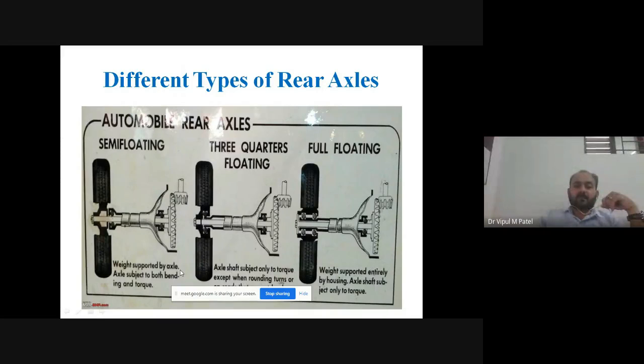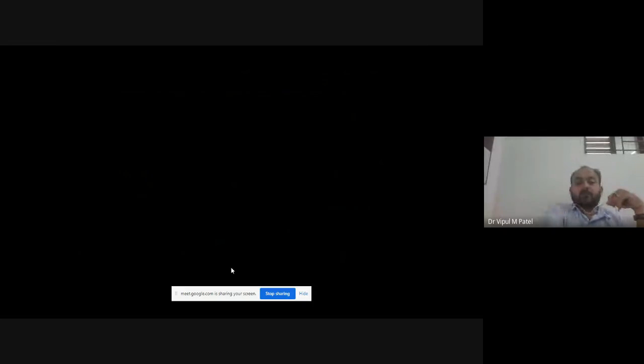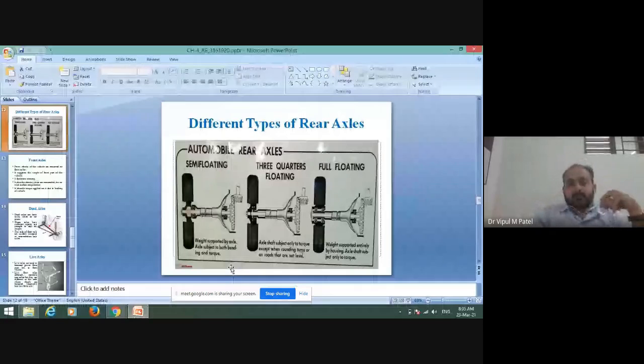In the semi floating axle, the weight supported by the axle is subjected to both bending and torque. You can see the structure of these three different rear axles. In the 3/4 floating axle, the axle shaft is subjected only to torque, except when rounding turns or on roads that are not level.